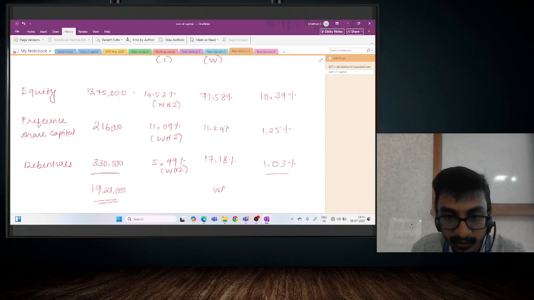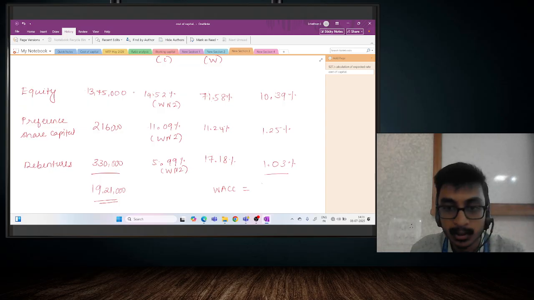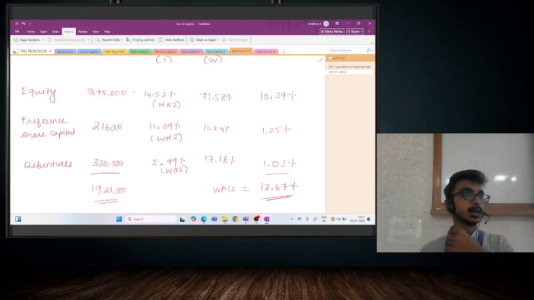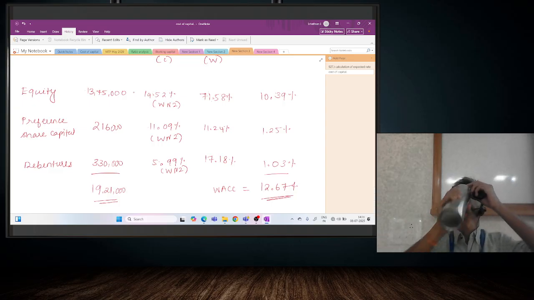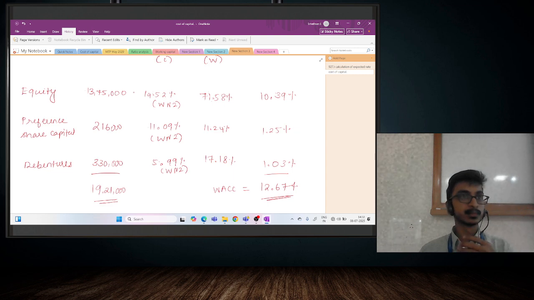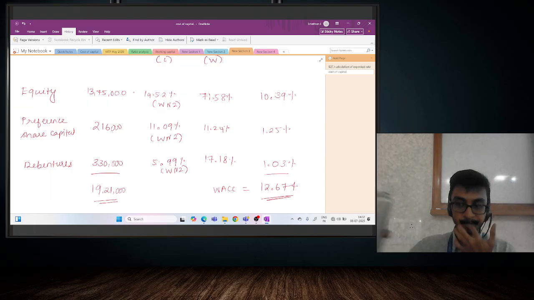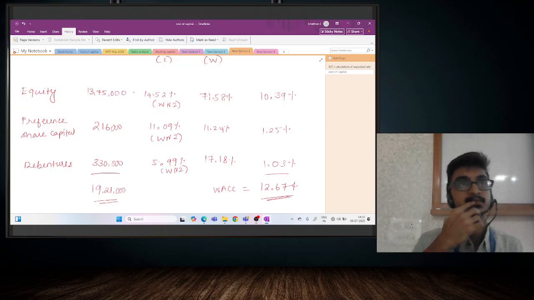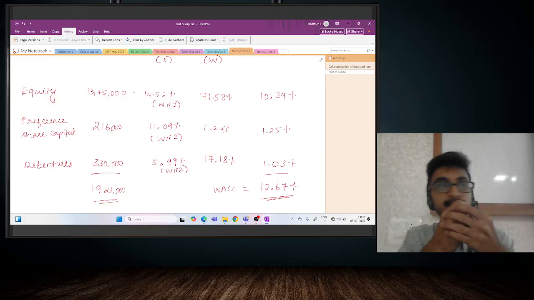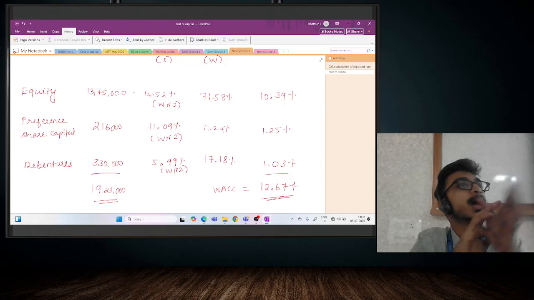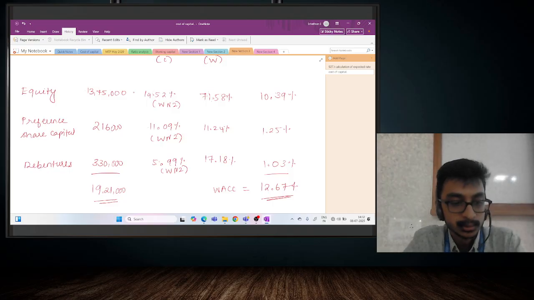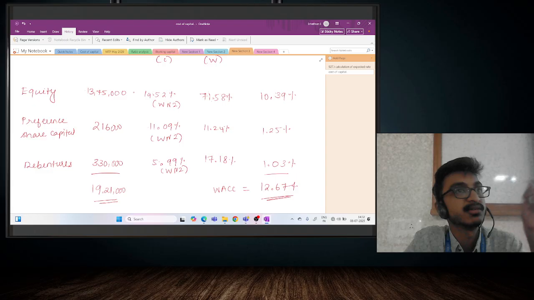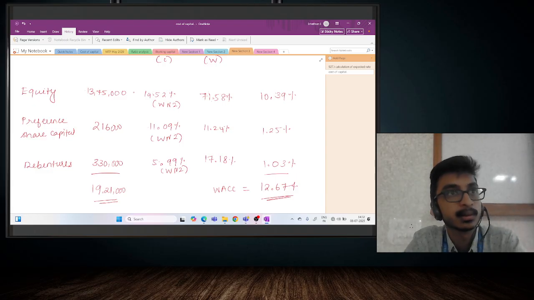What is the weighted average cost of capital? 12.67% is the weighted average cost of capital using market value weights. Everyone done till this point? Clear? Any doubt in this question? Shall we start with the next question, next topic?